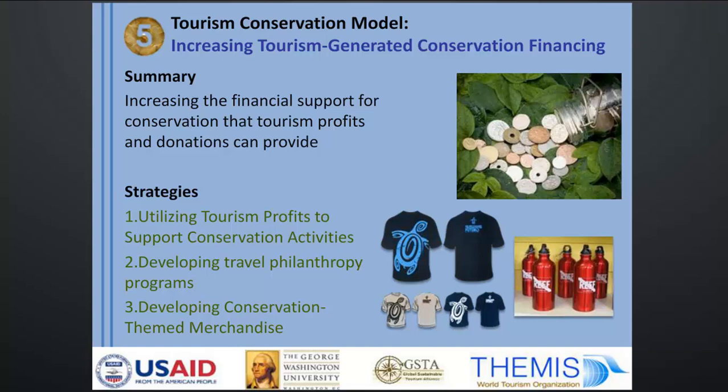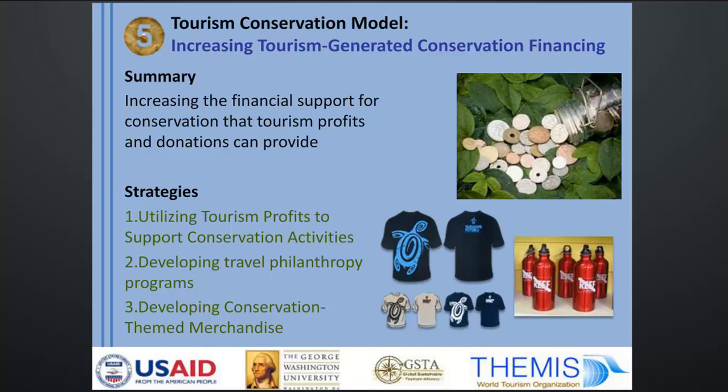And then the third strategy is looking at creating additional sources of revenue that can be developed with the intention of directly supporting conservation costs. The examples presented within this part of the strategy are really focused on conservation-themed merchandise.